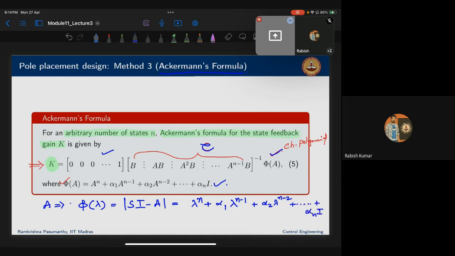In this, wherever there is a lambda, substitute A, which will give you this equation. Once you have this pi of A, given A and B matrices, you can calculate the controllability matrix. Then multiplying all together will give you the K matrix, which is nothing but the Ackermann formula to find K.